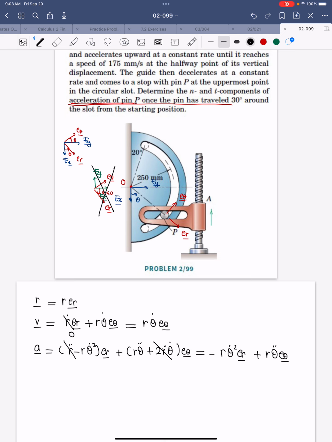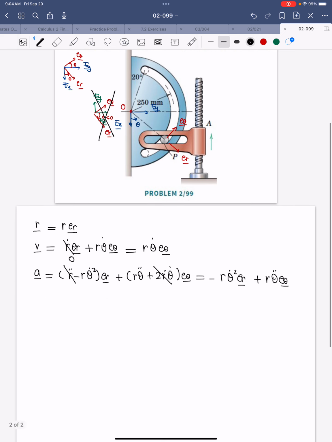So the vertical motion of the slot needs to correspond to the vertical motion of pin P, because pin P can move horizontally inside the slot, but vertically its motion has to match the vertical motion of the slot.